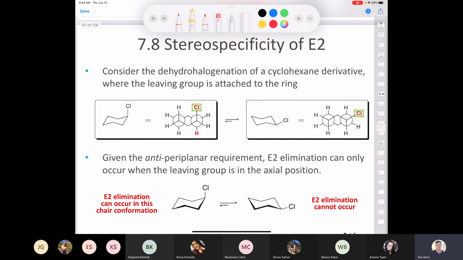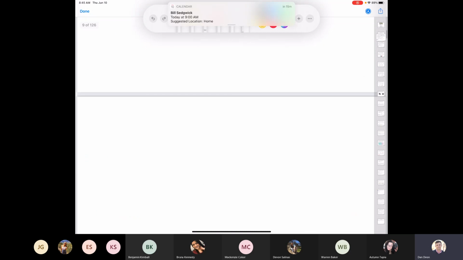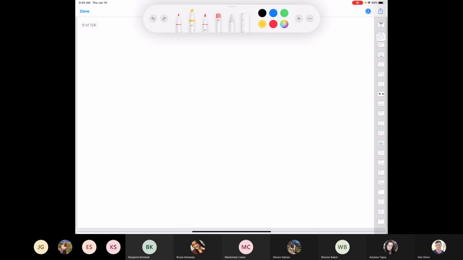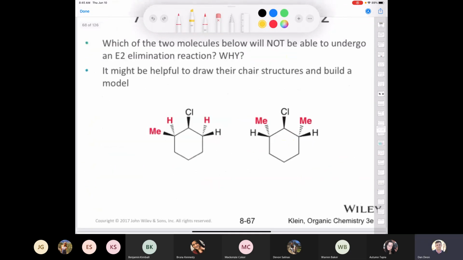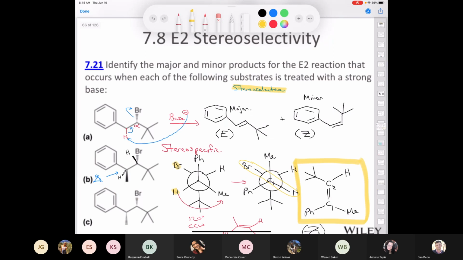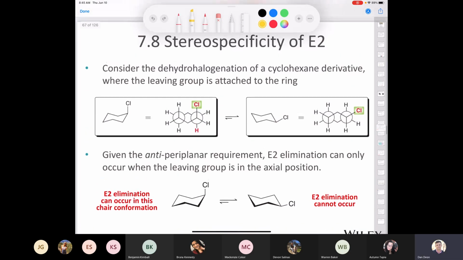Why? Because when the chlorine is axial, I meet the requirement of having a hydrogen anti-periplanar to it, whereas when the chlorine or any leaving group is equatorial, there are no protons that are anti-periplanar to it, and therefore an elimination will not occur. So the bottom line is this: elimination can only occur when your leaving group is axial.